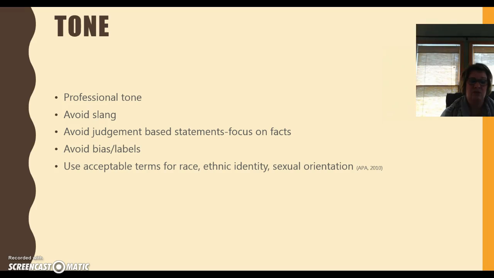We don't want to add labels or say that something may not be appropriate. We list things as they are facts. So we don't want to pass judgment on things. We want to allow our reader to really examine the facts that are included within our writing and our documentation.